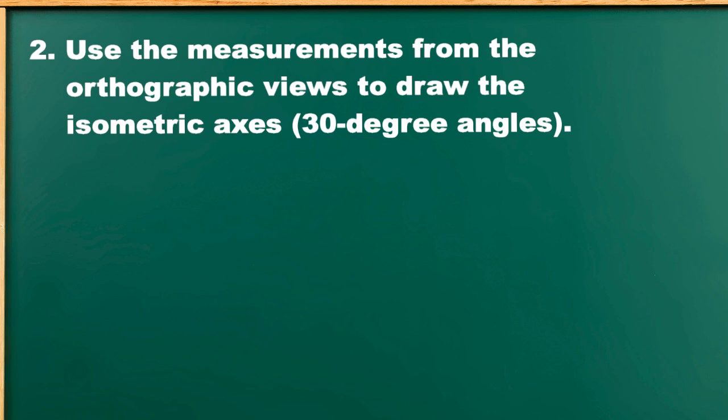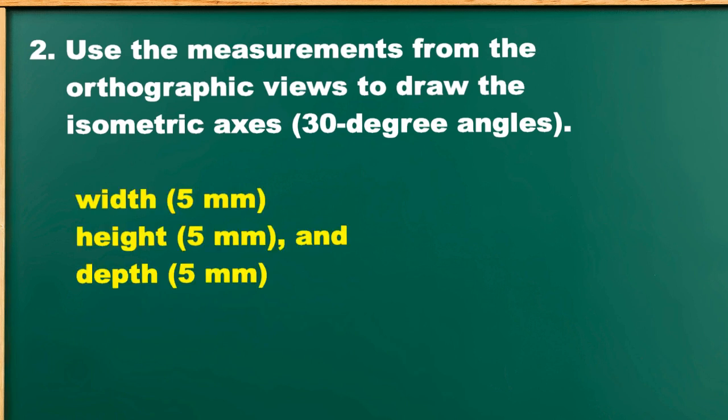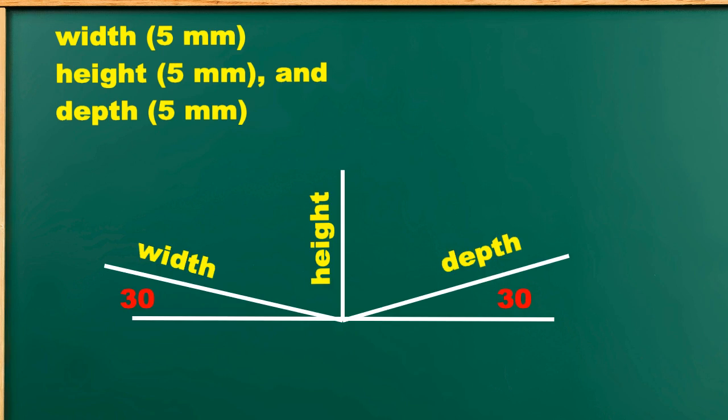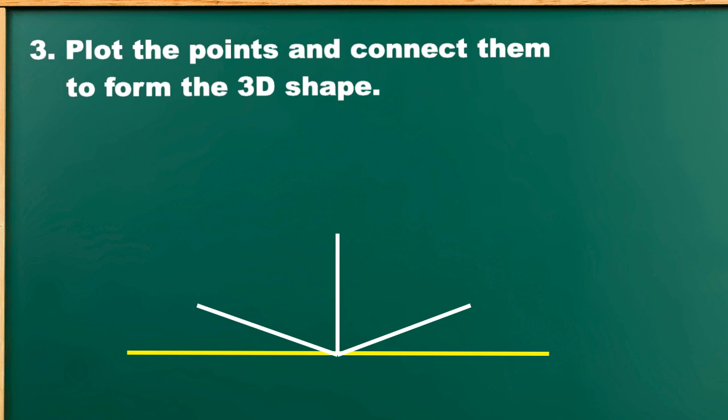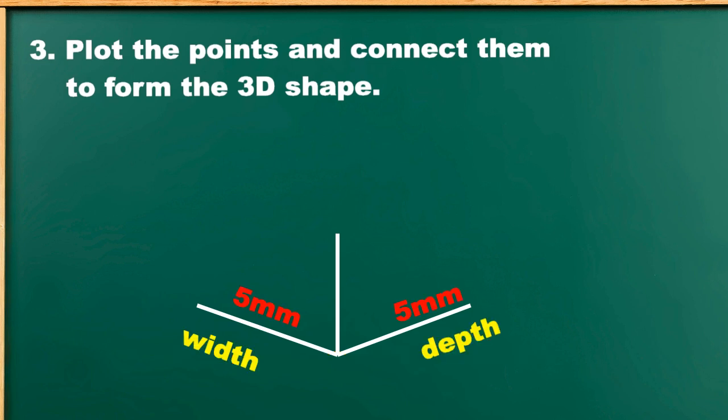Use the measurements from the orthographic views to draw the isometric axes at 30-degree angles. 3. Plot the points and connect them to form the 3D shape.